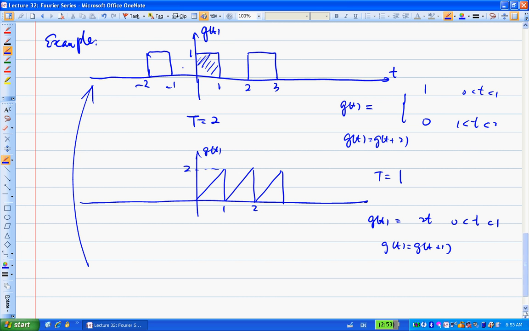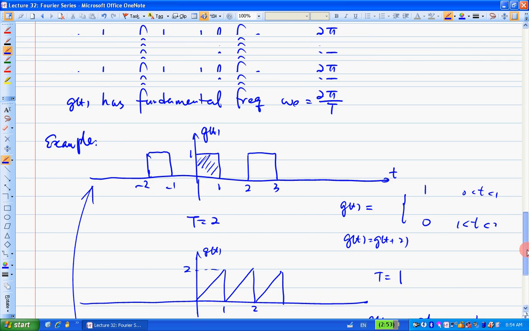For this kind of thing, generally we call it an AC signal. An AC signal is not necessarily always a sine or cosine. When you have an AC signal, you always have an average, and this average is what we call the DC component. For this particular one, it's very easy. What do you think its average is? 1/2. So the DC component here is going to be 1/2.